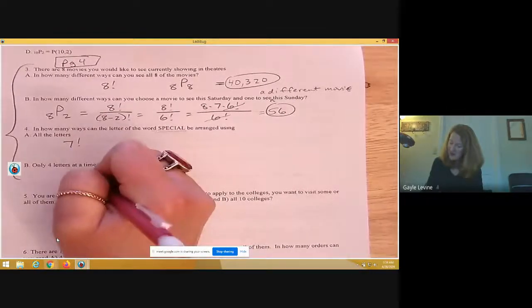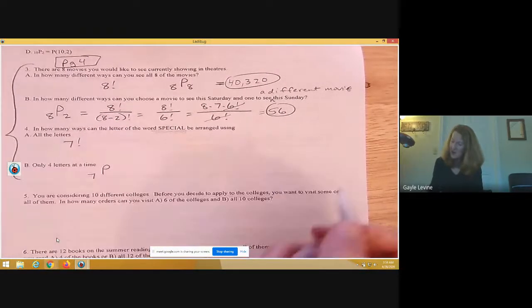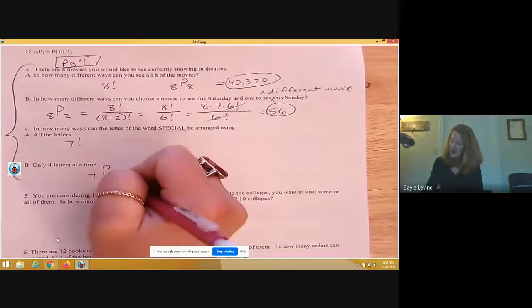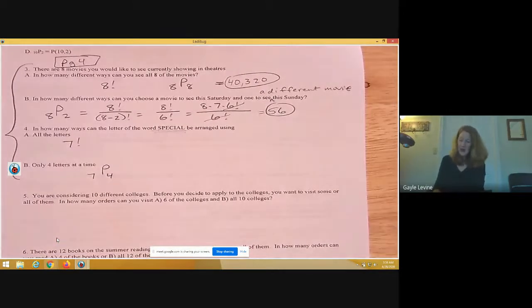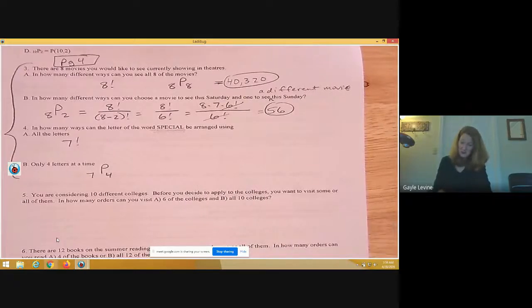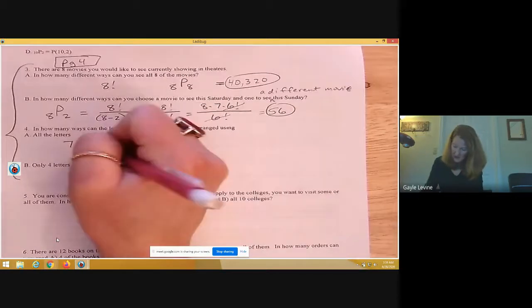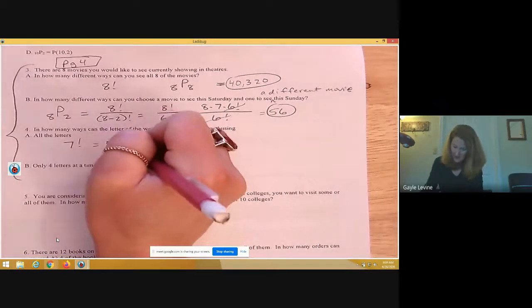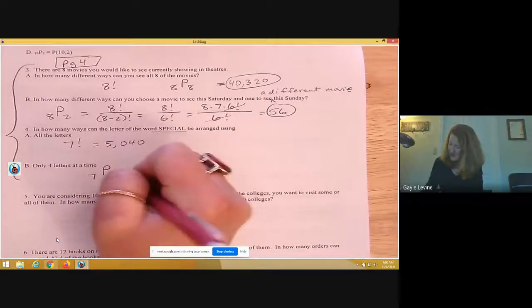And then this one would be 7 total, and we are selecting 4 to line up. Then you would go ahead and do your calculations for those 2. Okay, so then when you do that, we're going to get 5,040 and then the 840.